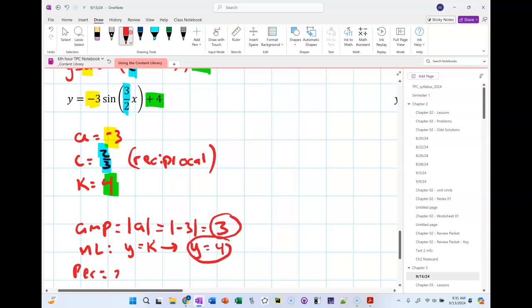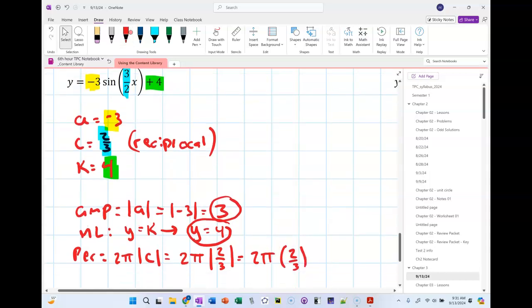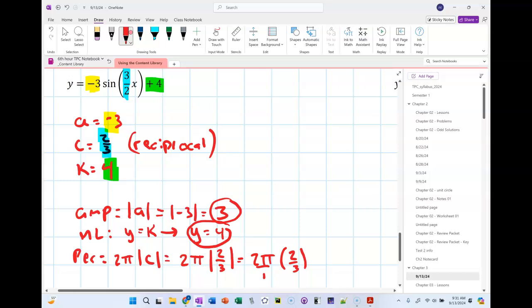And the period is 2 pi times the absolute value of c. So that's going to be 2 pi times the absolute value of 2/3. Well, the absolute value of 2/3 is just 2/3. Now, to multiply two fractions, I'll just think about 2 pi as 2 pi over 1. And we just multiply straight across.